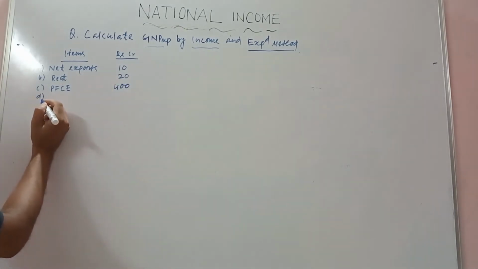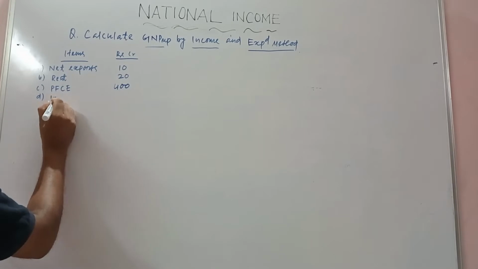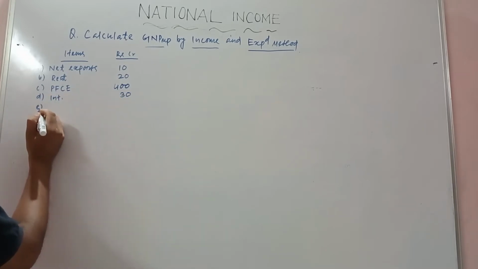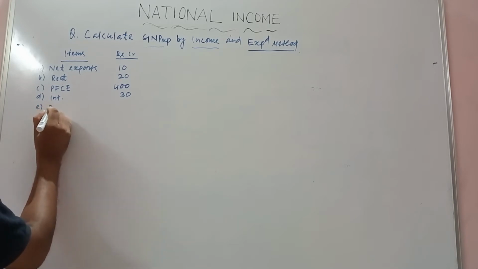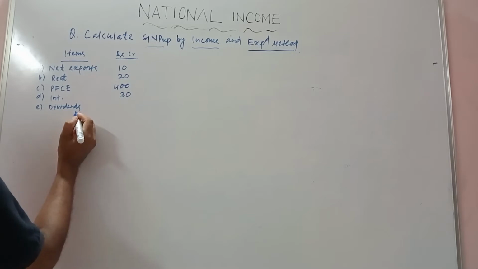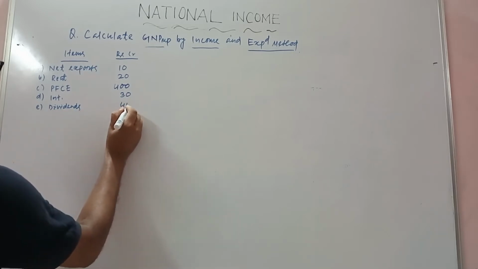Then the fourth one, interest, 30. Dividend is mentioned as 45.